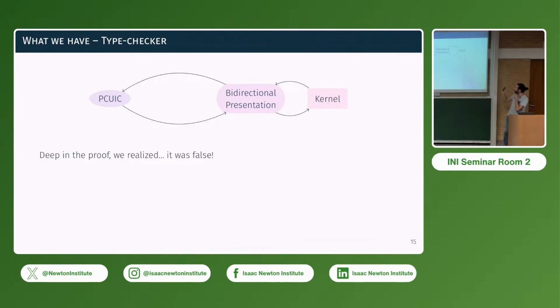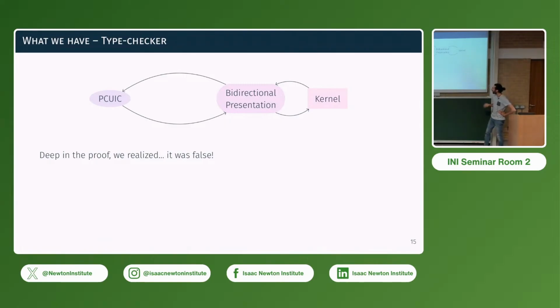So there was a very bright, happy and joyous PhD student, and I started working on this, and deep down in the proof, in the case for pattern matching, there was something fishy with the universes. So I sat for a while, and then I really thought it was something fishy. So I went up to Mathieu and said, hey, I think there's something fishy with the universes.